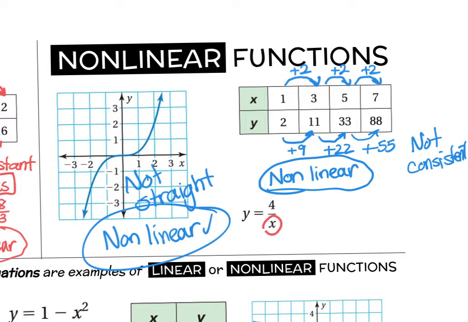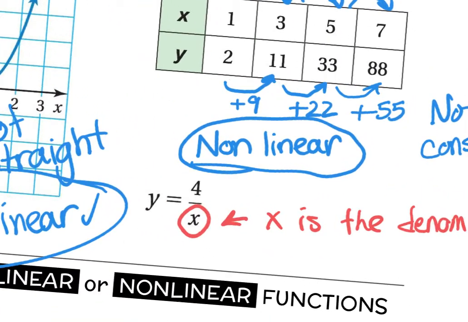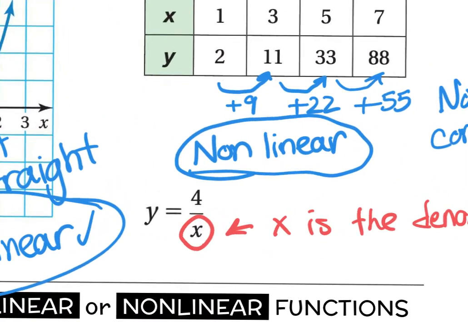So right here, because x is the denominator of this fraction, that means this equation is nonlinear, because we can't write this in y equals mx plus b.